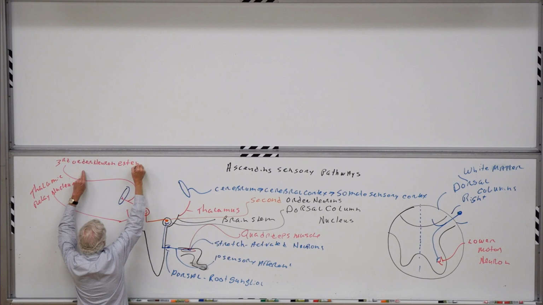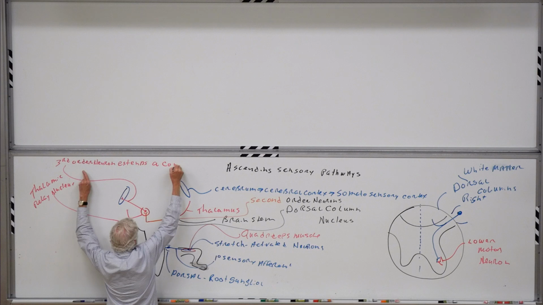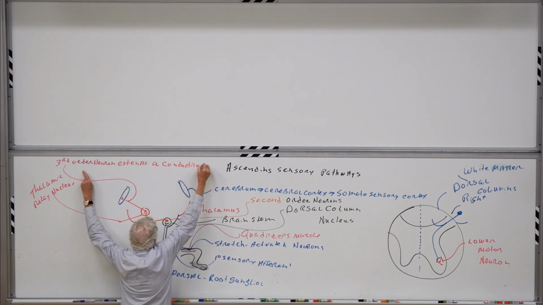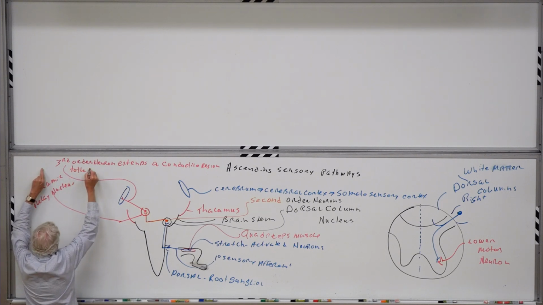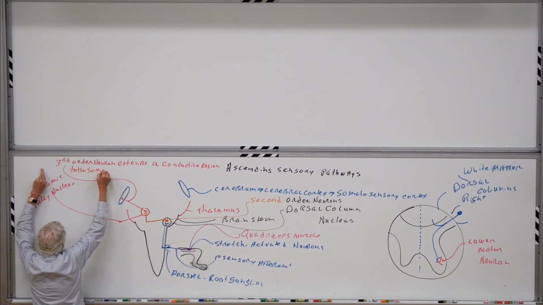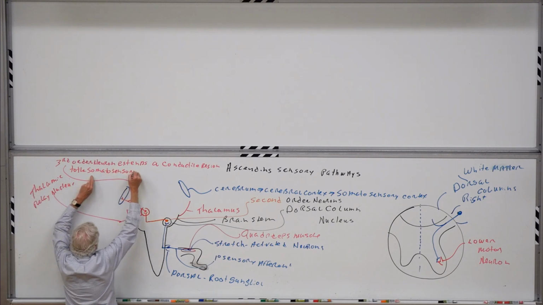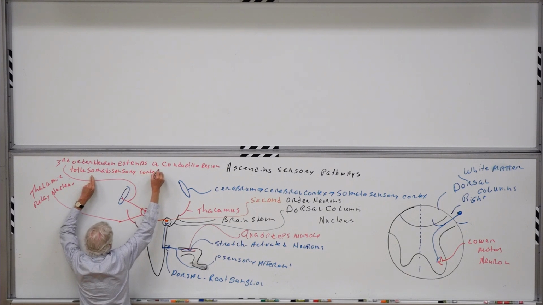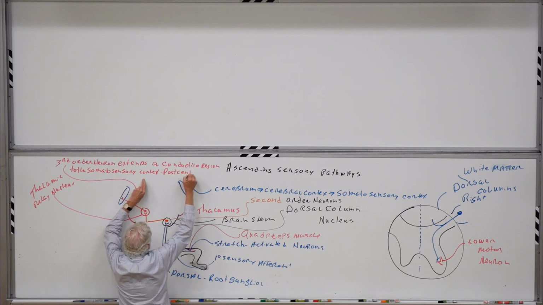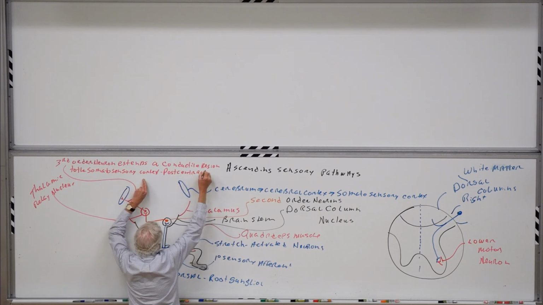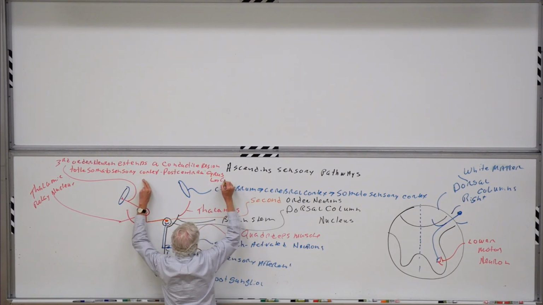The somatosensory cortex is located on the postcentral gyrus. Now, I should say it's the postcentral gyrus of the cerebrum.